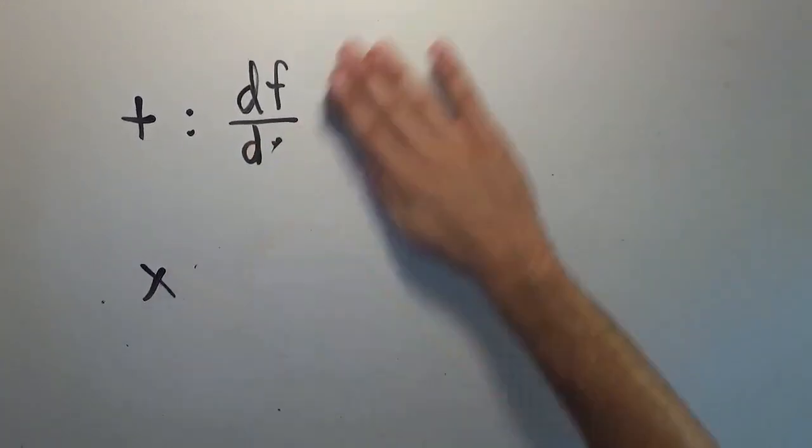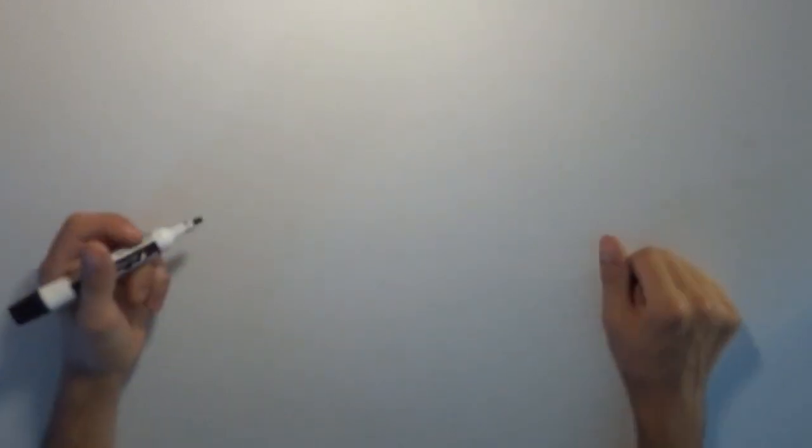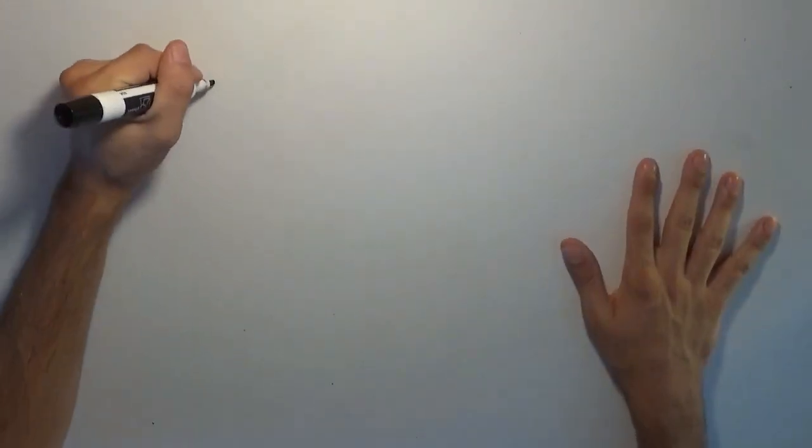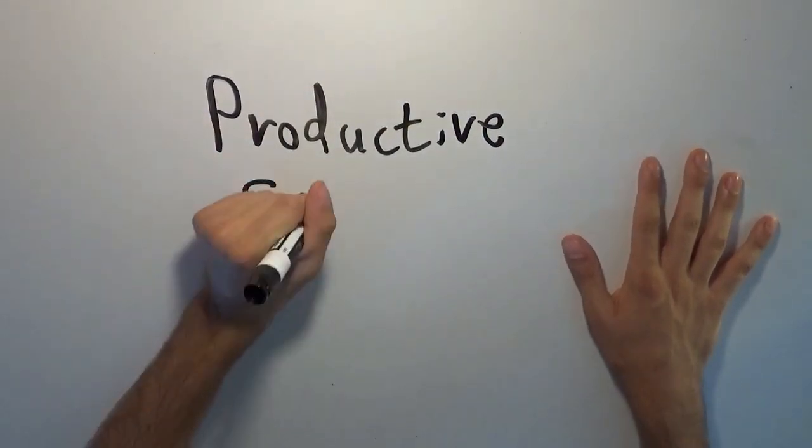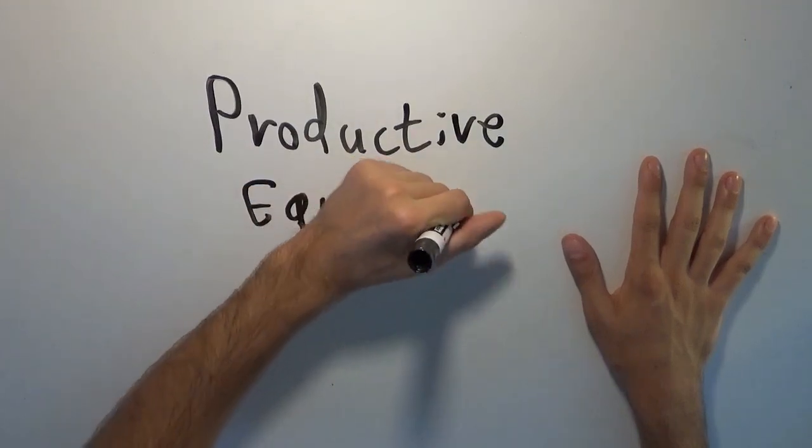So in my head, having taken a differential equations class, I thought, why not treat them like differential equations and see if I can find families of functions that are solutions to neat questions. And so, because there's differential equations, I thought we could call these productive equations. I think that's a cute little name.